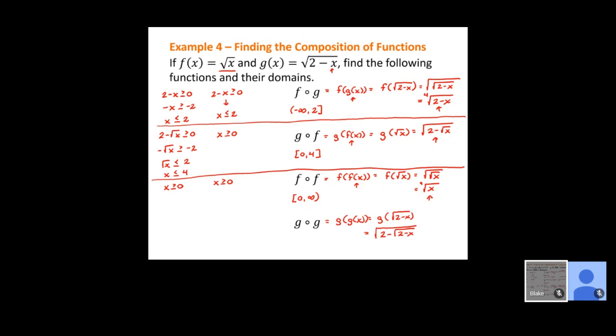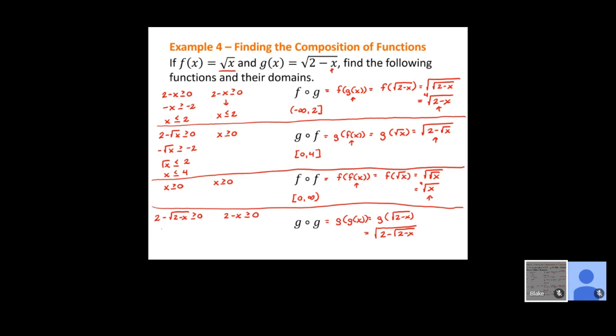Now, in terms of our domain, if I look at the final answer, we're going to have 2 minus the square root of 2 minus x has to be greater than or equal to 0. So everything inside that square root has to be greater than or equal to 0. Then the inside function is just the g of x, which means that 2 minus x must also be greater than or equal to 0.